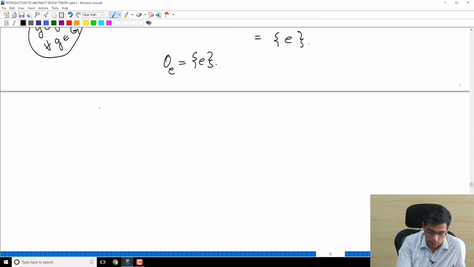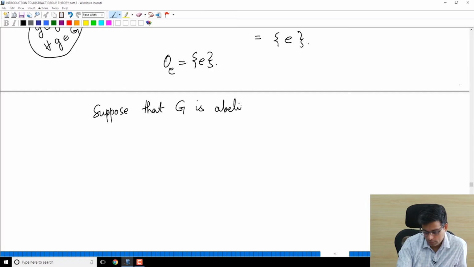Now suppose for a moment that G is abelian. Then what is the orbit of an arbitrary element S in G?